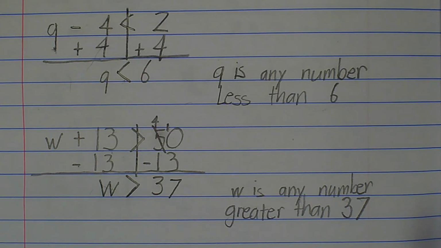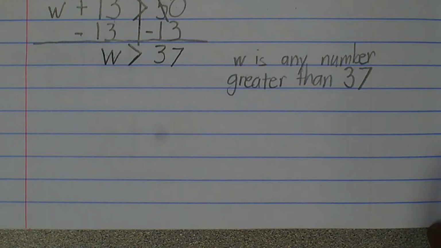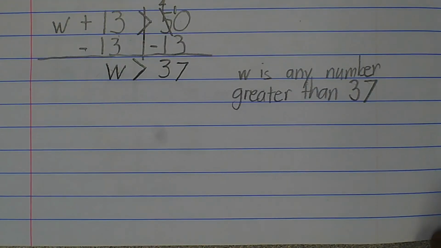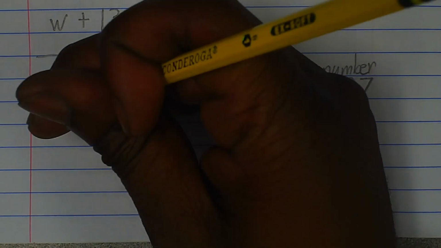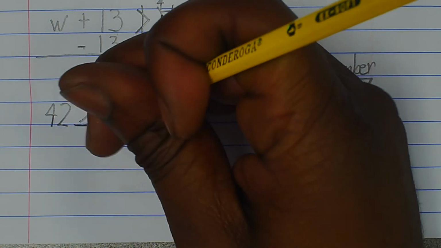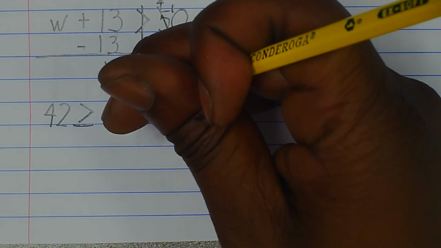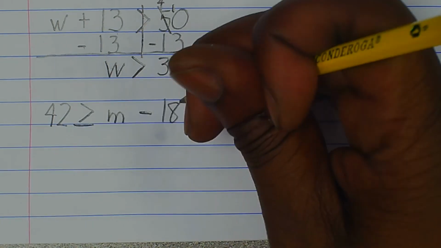All right. So are there any questions so far? All right. So we'll keep going. I'll leave this example here. So now we have 42 is greater than or equal to minus 18.